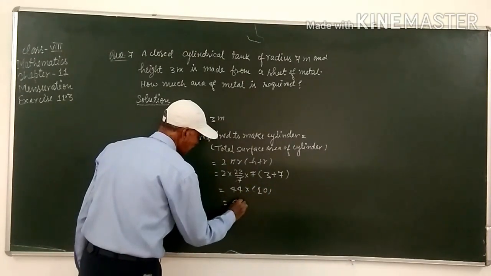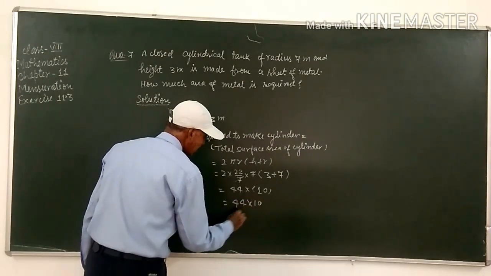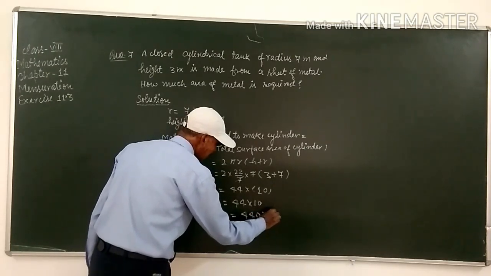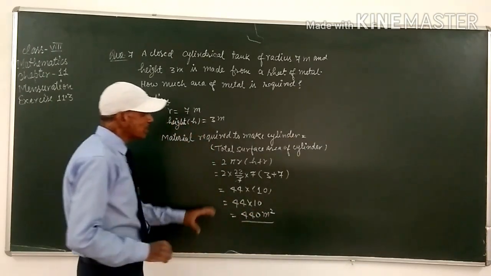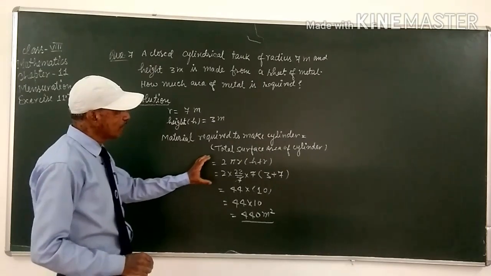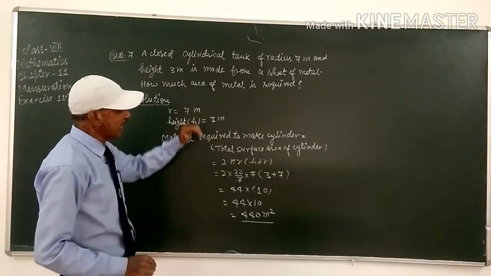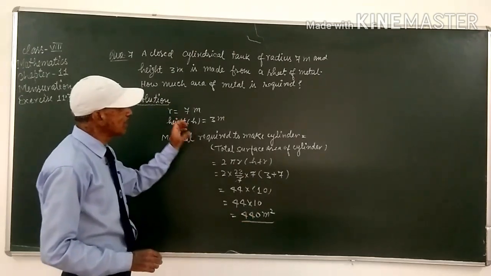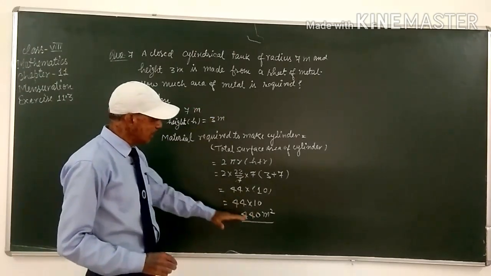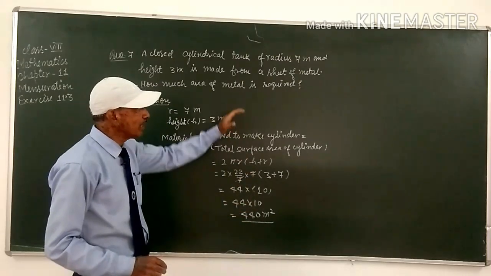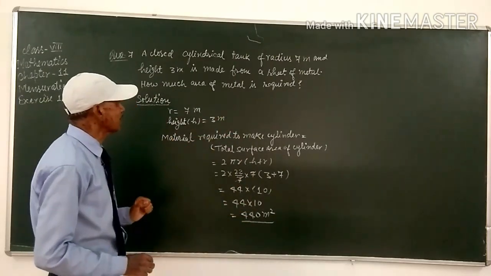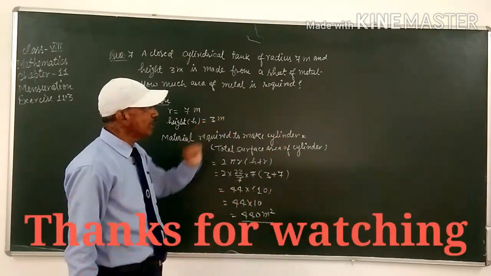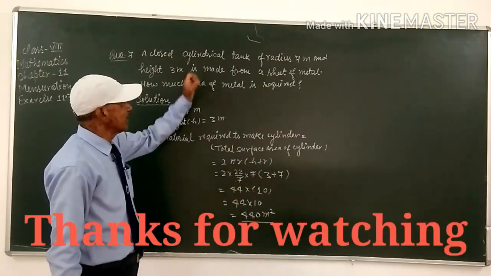So 44 into 10, that is 440 meter square. So the total surface area of that cylindrical tank is 440 meter square. So we need material equal to this to make this cylindrical tank. We need 440 meter square metal to make this cylindrical tank.